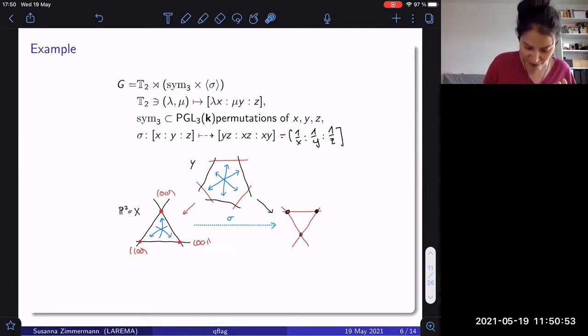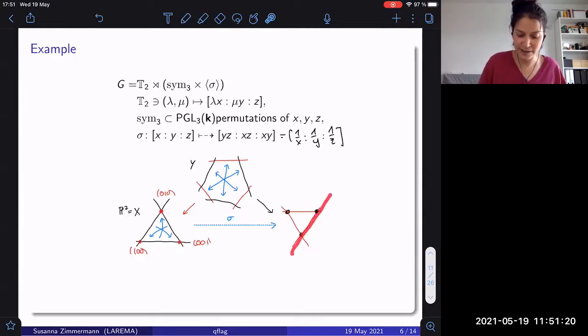So geometrically, this map is not defined at the common zeros of these 3 polynomials. So that's these 3 points here. And then it also contracts x equal to 0, y equal to 0, z equal to 0, which is exactly these 3 lines. So they're contracted onto these points. And it's an involution, so these red lines here are contracted onto the red points.